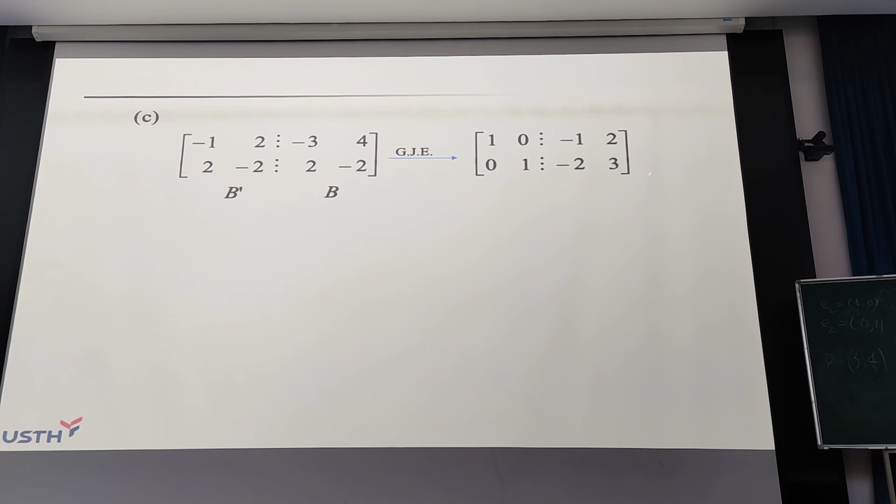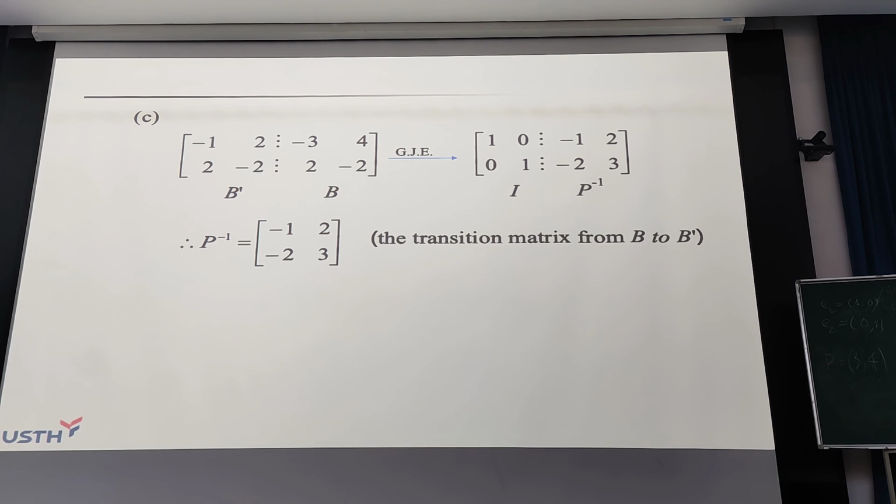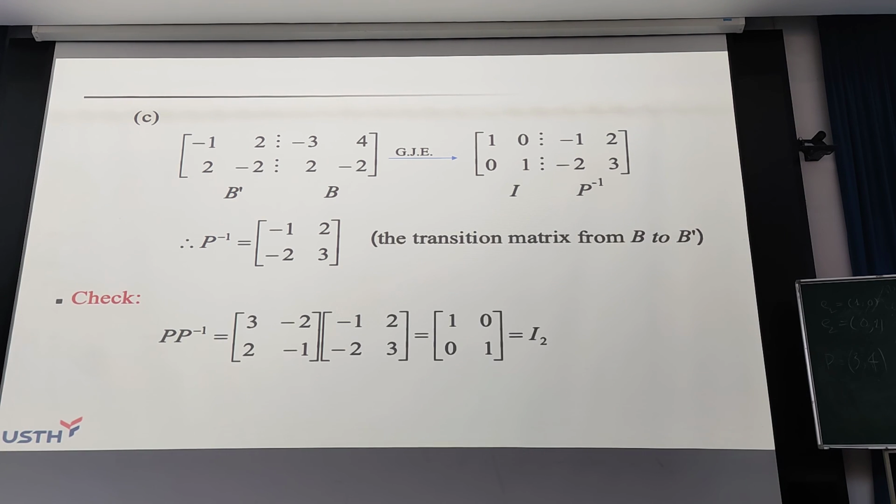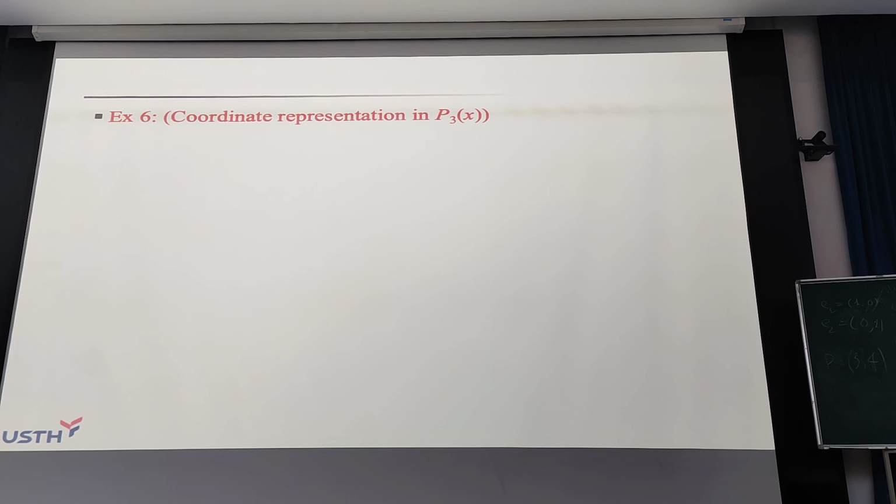Then the second one will be the transition matrix from B prime to B. That is exactly the P inverse, and it is the transition matrix from B to B prime. And you can verify it, and it is very easy matrix multiplication now.